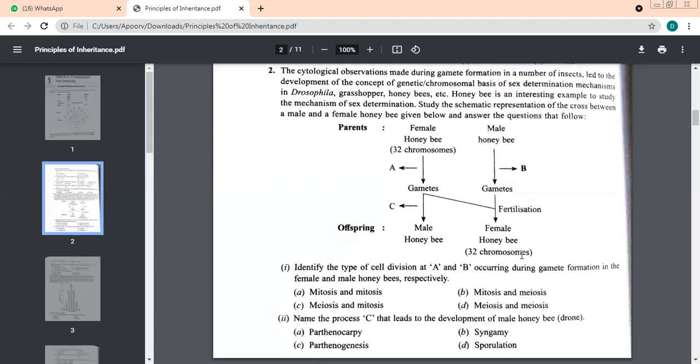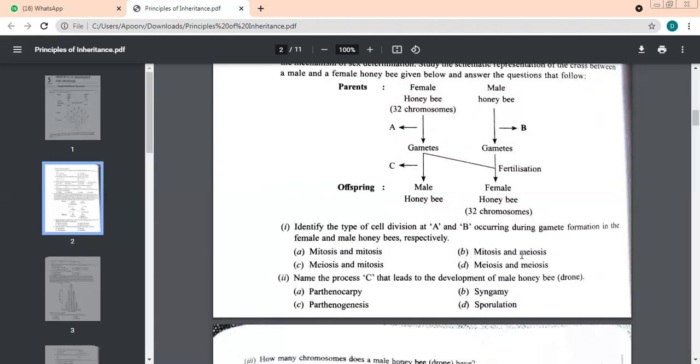Though you already know this concept of honeybee well, I think, but still, let's do the first and the second question. Plan your answers, then we discuss with you. First and second part.